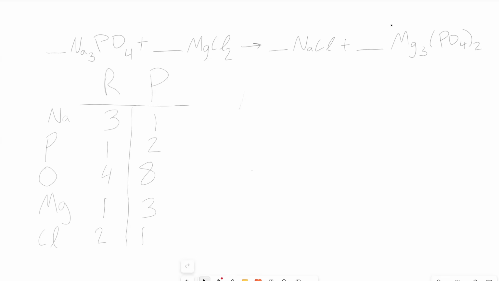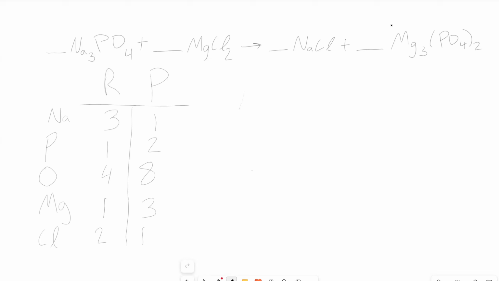So, where do we start with this? I think that the easiest way to start off these types of problems is just to look at your simplest atoms and ions. So, if we look at the oxygen here, we have 4 on the reactants and 8 on the products.